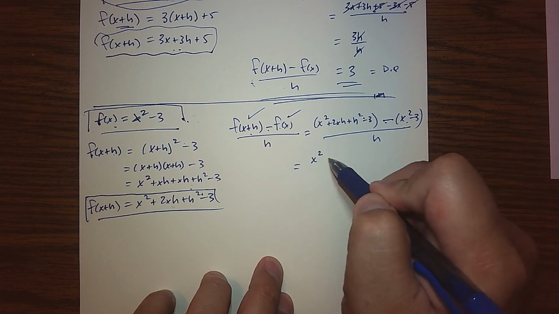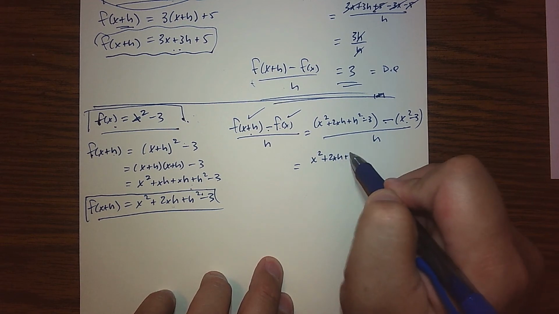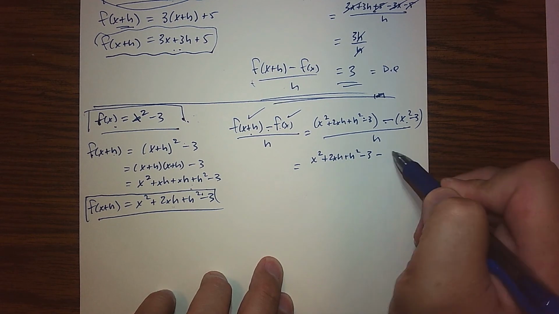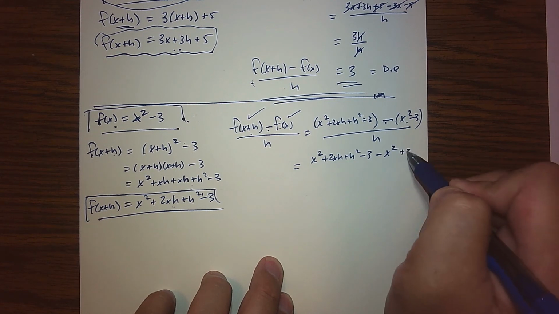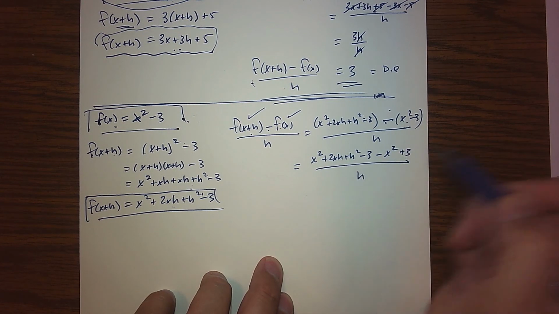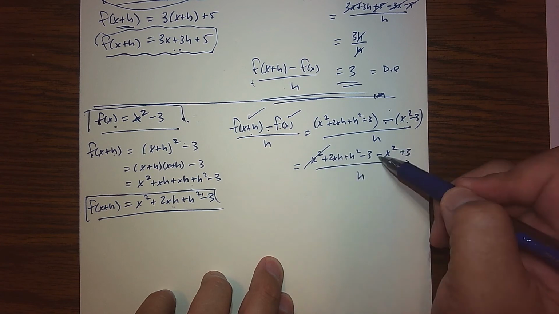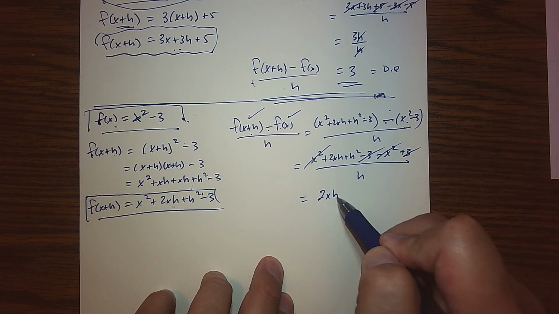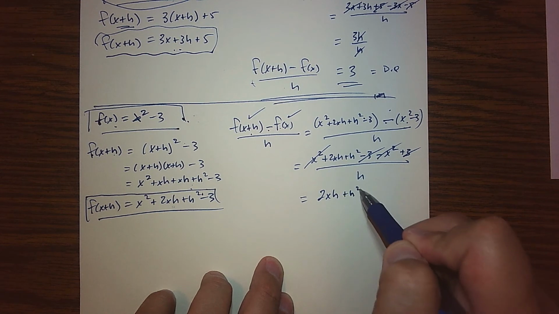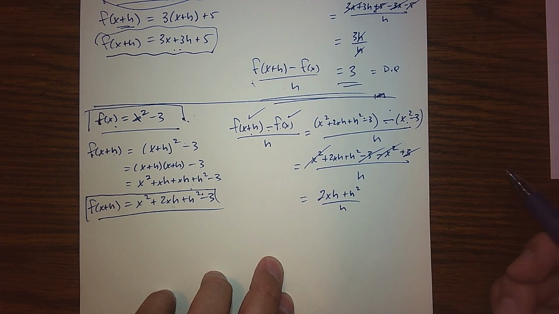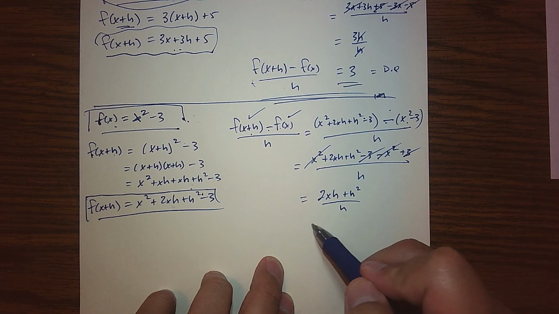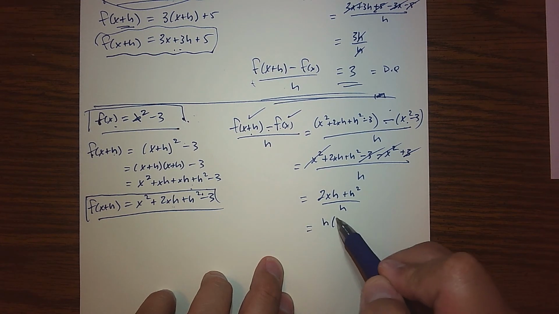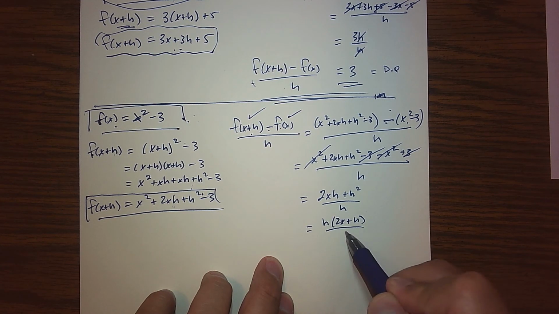If we clean up the upstairs, we can begin that journey by distributing that minus sign. When we do that, the x squareds will go away, the 3's will go away, and we have 2xh plus h squared all over h. You can think of it as h times 2x plus h, all over h.